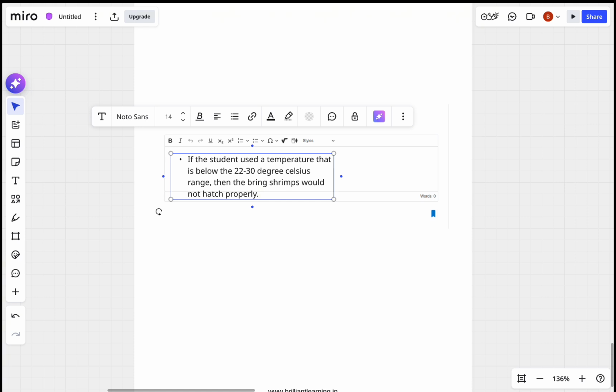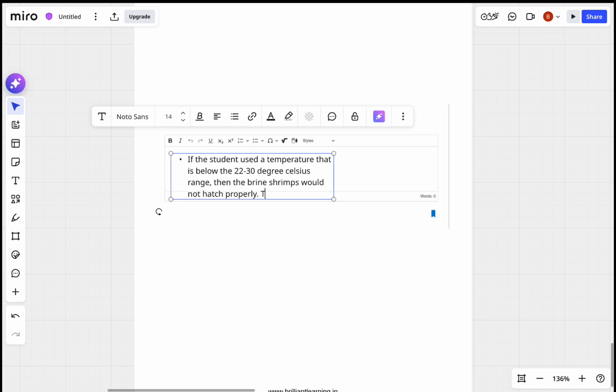Now let's think of why they wouldn't hatch properly. The brine shrimps wouldn't hatch properly because their enzymes would denature, because the enzymatic activity is not at its peak anymore. It's going down.